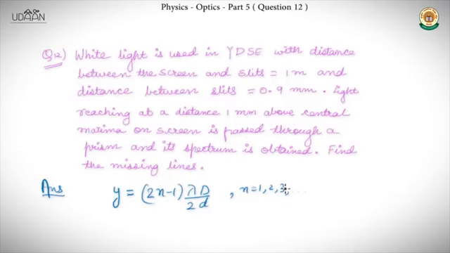After plugging in the values of y, the distance between the slits, and the distance of the screen from the slits, we get y equal to 1 into 10 to the power minus 3 is equal to (2n minus 1) into lambda into capital D, that is 1, by 2 into small d, that is 2 into 0.9 into 10 to the power minus 3.